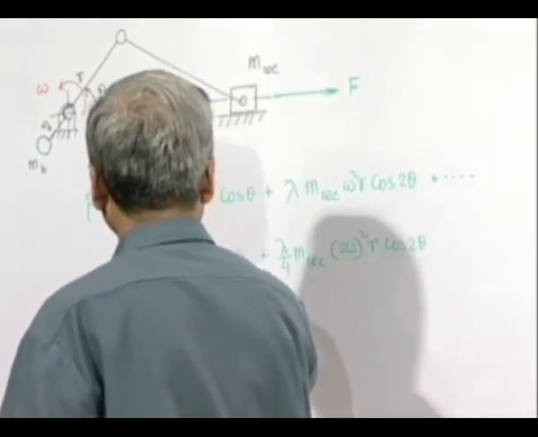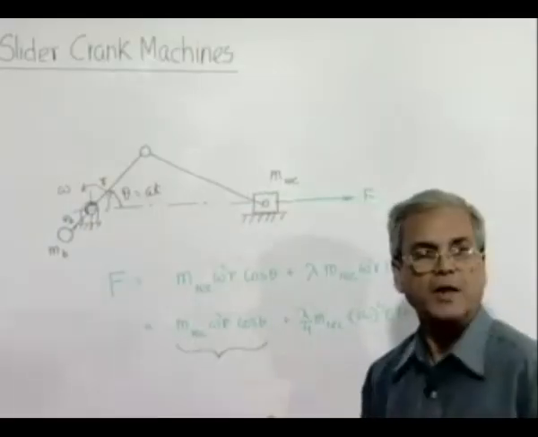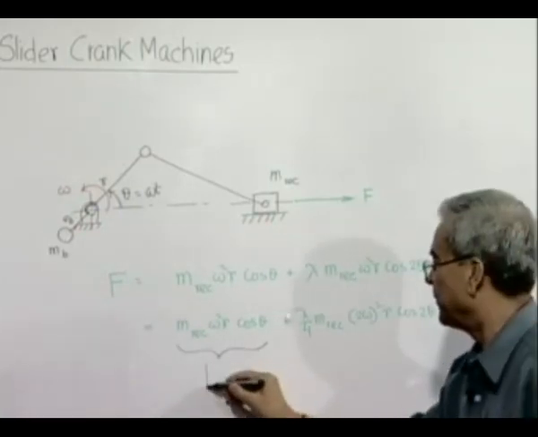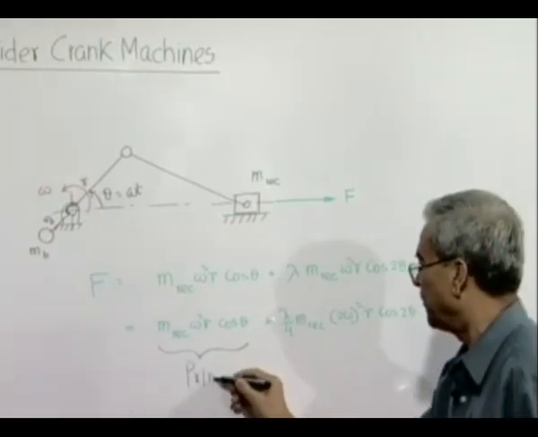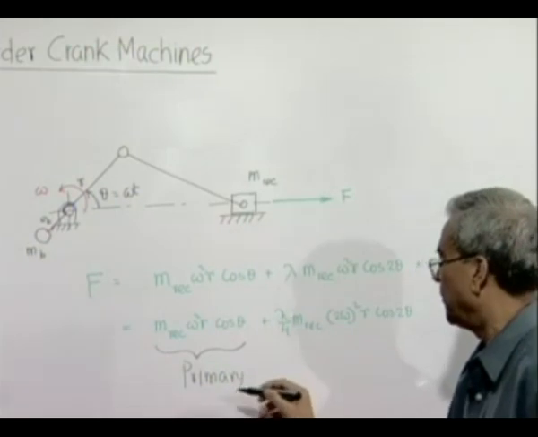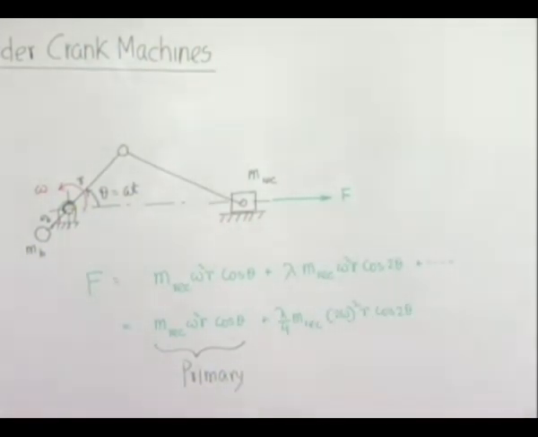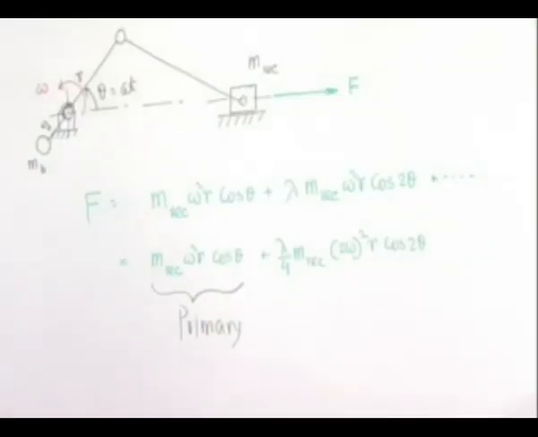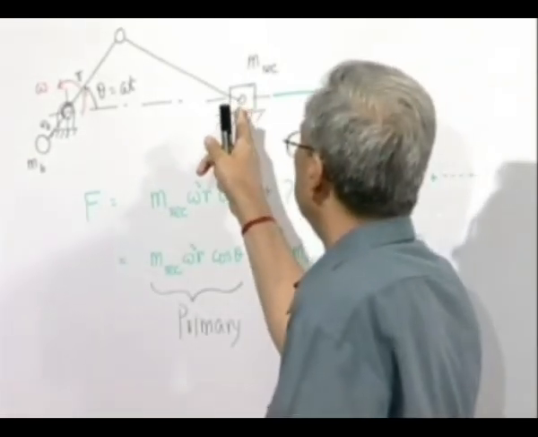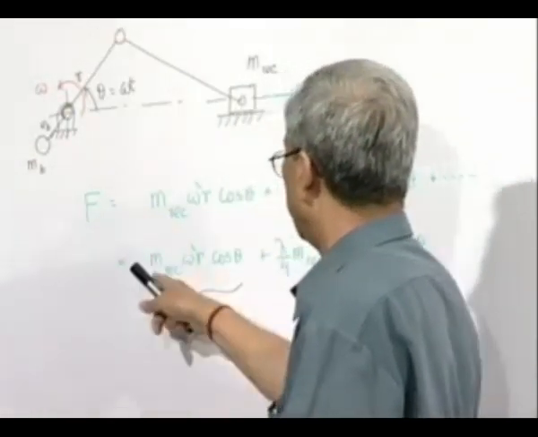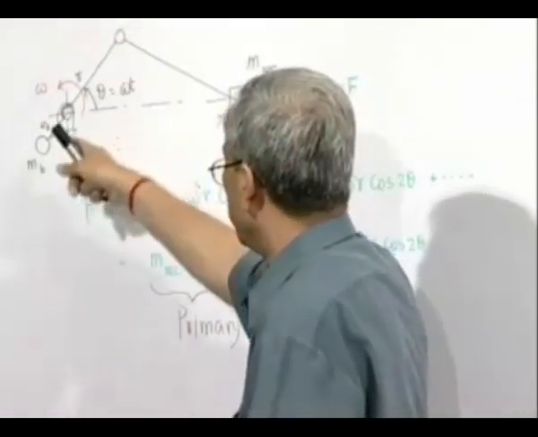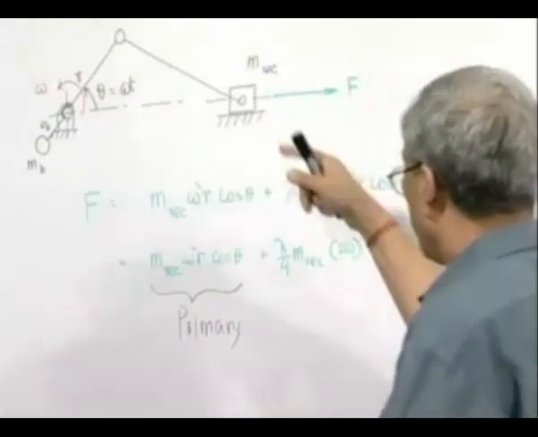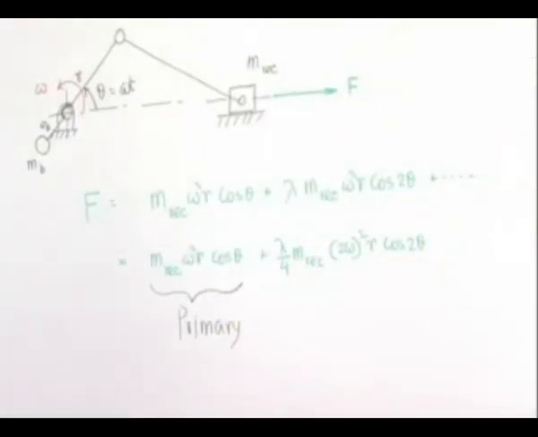Now we have seen that the primary component of the unbalanced force is something which can be produced by the centrifugal force generated by placing the reciprocating mass at the crank pin, and the centrifugal force will be generated with its component along the engine or the system center line, that is nothing but the primary.